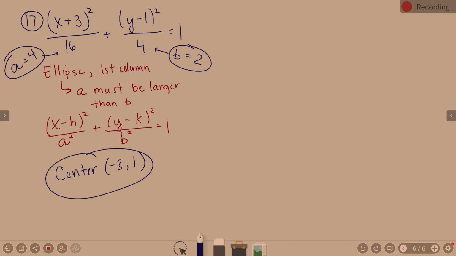Let me go ahead and sketch this out. The one other thing we need to address here is which way A's go, which way B's go. My center is at negative 3, 1, correct?